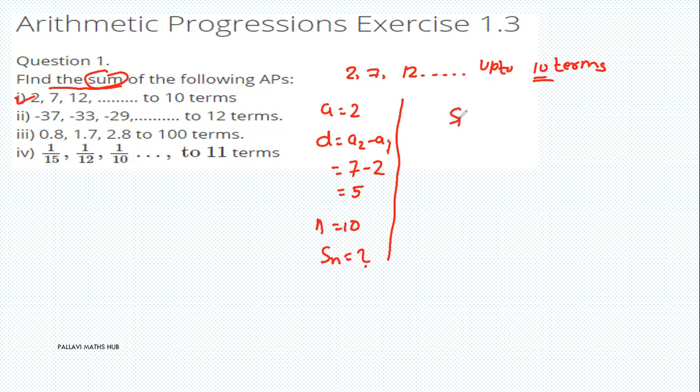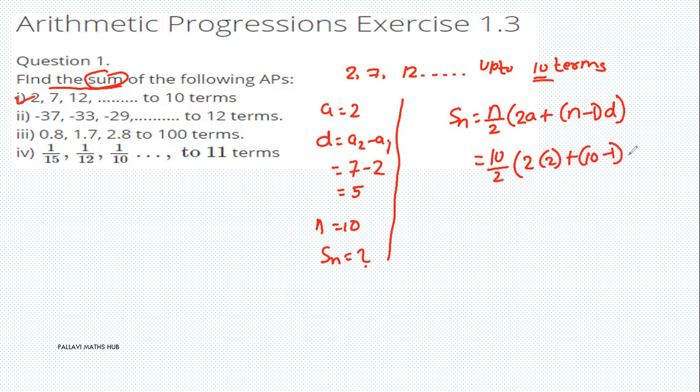So write down Sn is equal to, the formula is N by 2 into 2A plus N minus 1 into D. The value of N is 10 by 2 into the value of A is 2 plus the N value is 10 minus 1 into D is 5.